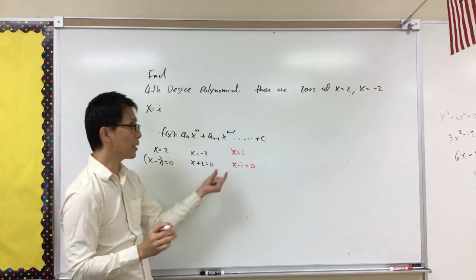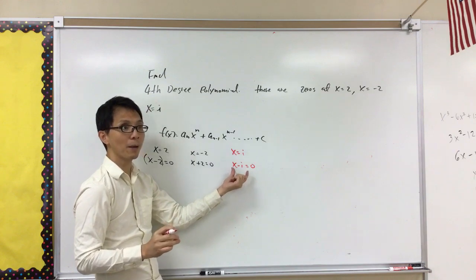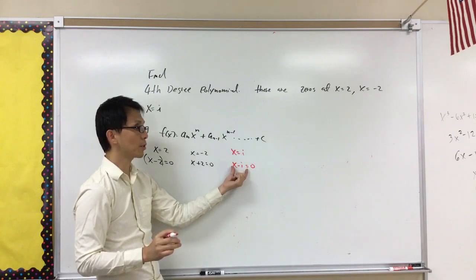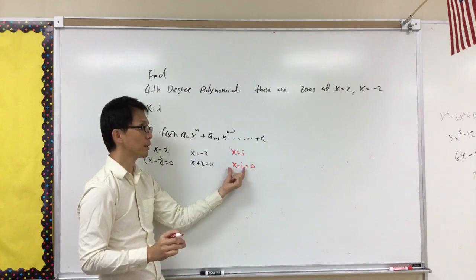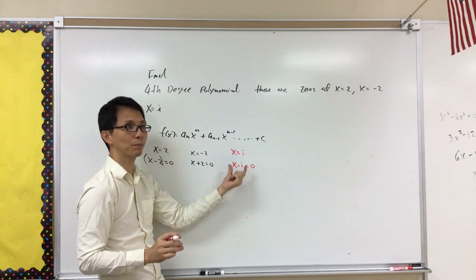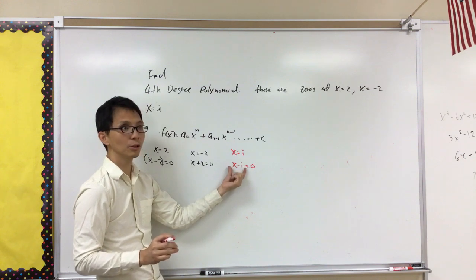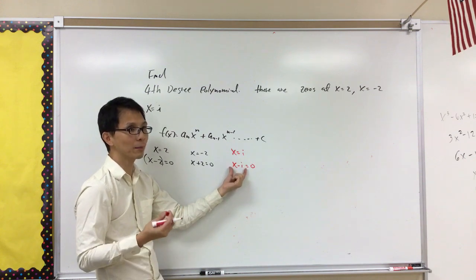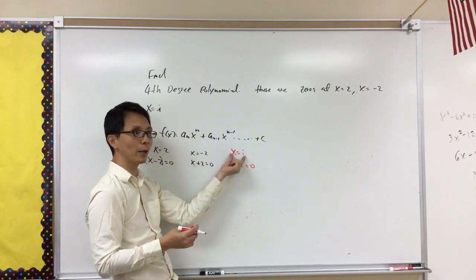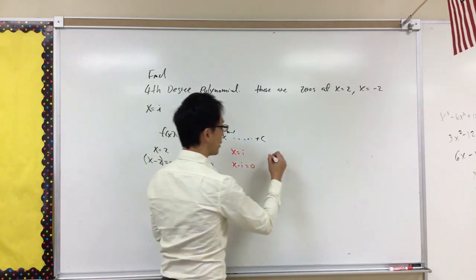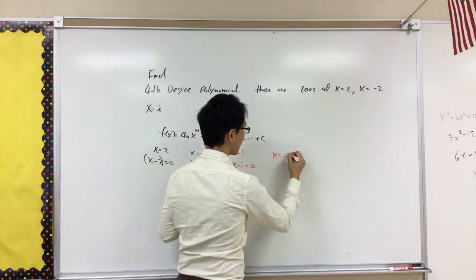But the problem is, remember we talked about imaginary zeros. They always come in pairs, right? If you have an imaginary girlfriend, you might have two imaginary girlfriends. You have one, x equal to i, and you have another one, x equal to -i.